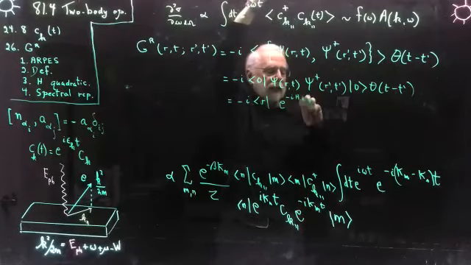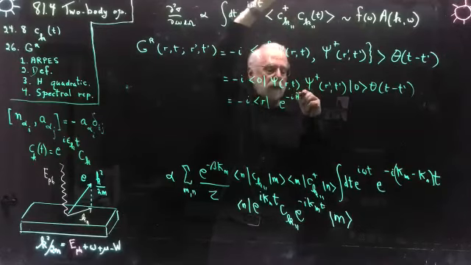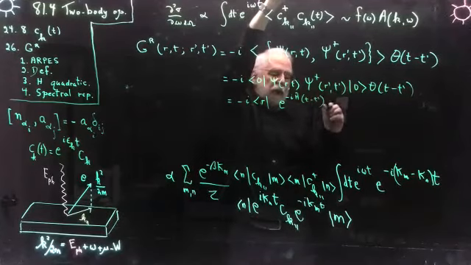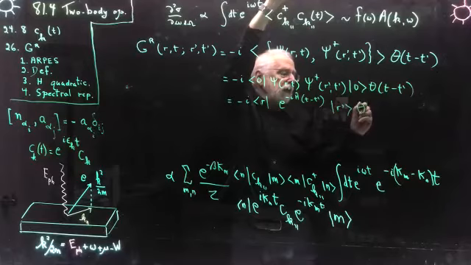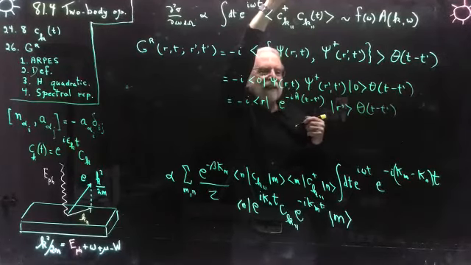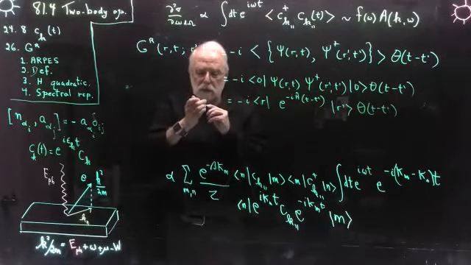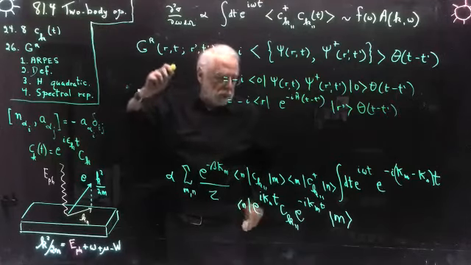So I have e to the minus i H times t minus t prime as an operator. And then psi dagger acting on the vacuum gives me R prime. You know, the Hamiltonian acting on the vacuum is 0. So I have this, and I have theta of t minus t prime. Okay. So this is exactly what we had for the one-body Green's function. Now let's give some other examples.